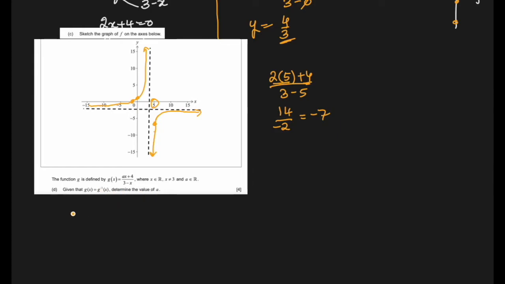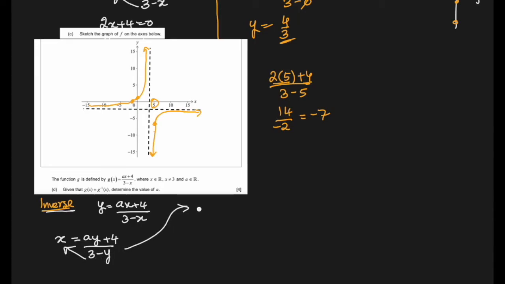So let's find g inverse x first. The original equation is this one, where g of x I will write as y equal to ax plus 4 over 3 minus x. But for the inverse, I have to interchange x and y. So x is equal to ay plus 4 over 3 minus y, and I have to isolate y to get the inverse. Let's cross multiply here.